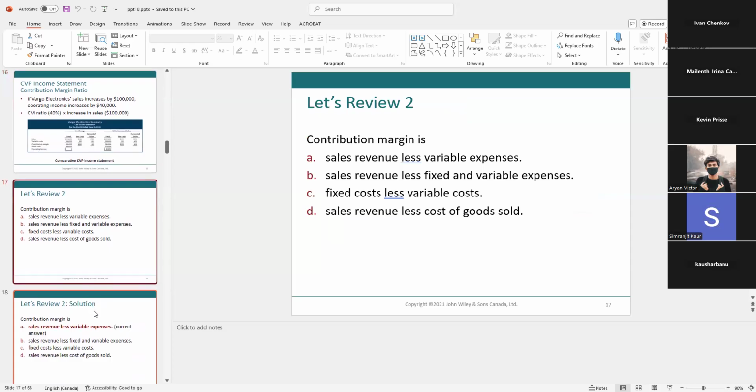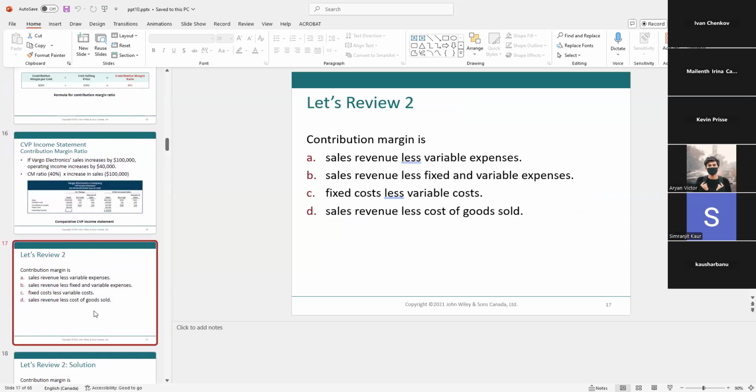What's the contribution margin? How are we going to calculate the contribution margin? It's the sales revenue less variable expenses. If I want to calculate the gross margin, what will be the formula for gross margin? Is it sales revenue less cost of goods sold? That's correct. What if I want to calculate my operating income? Which formula should I use?